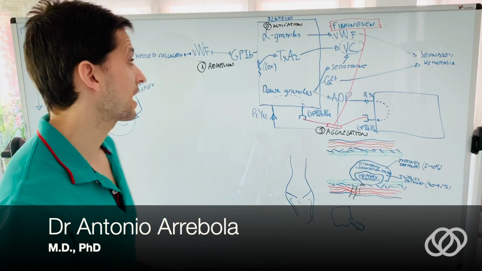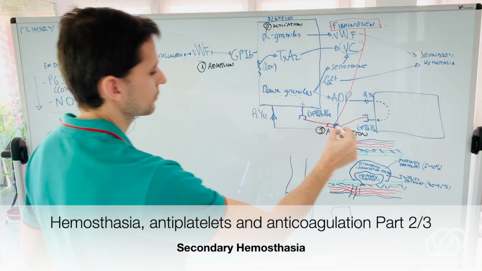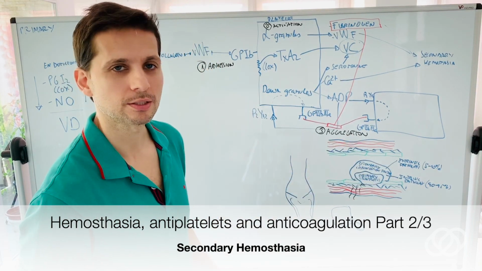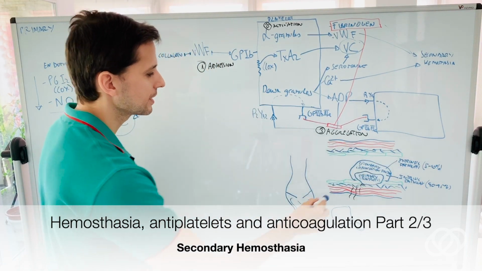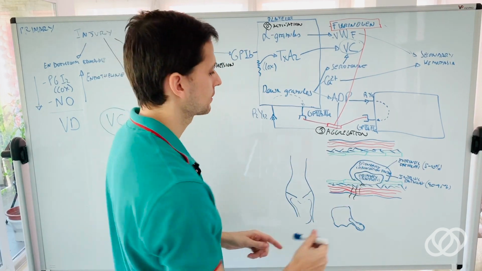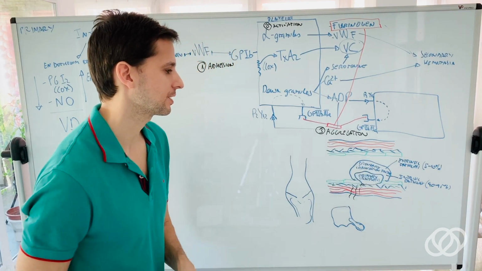Okay, so finally what we have after the primary hemostasia is that we have reached this platelet clot. Once it is produced, then we need to stabilize it and get a stronger clot, and that is due to the secondary hemostasia.